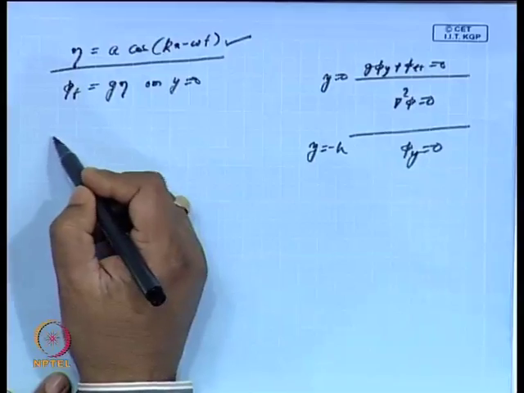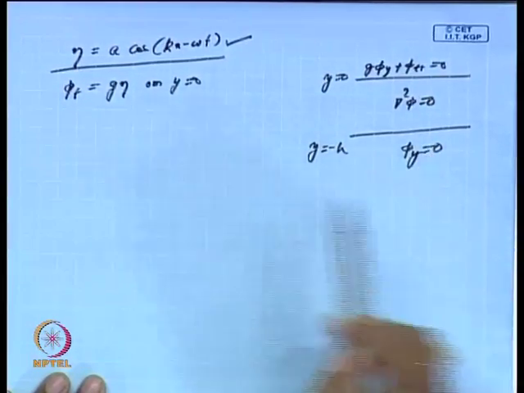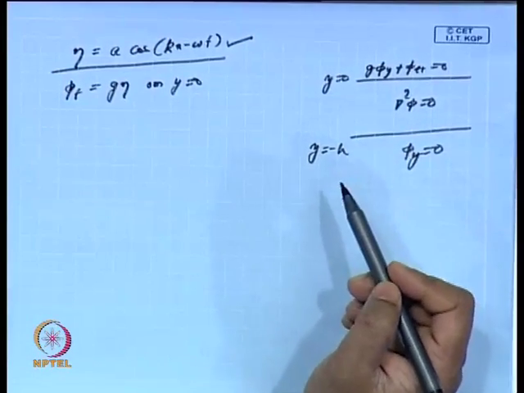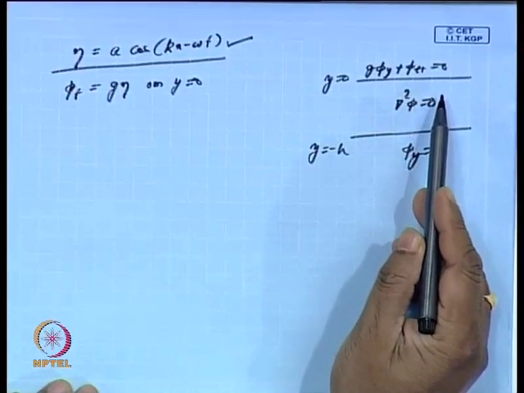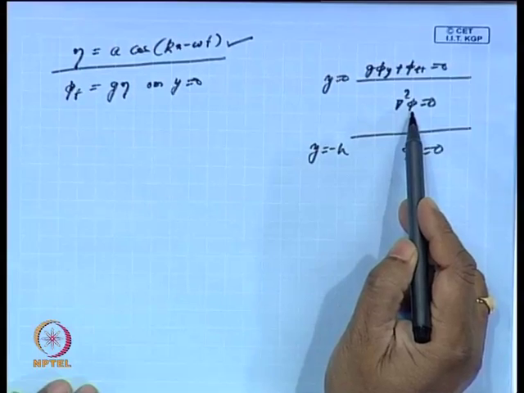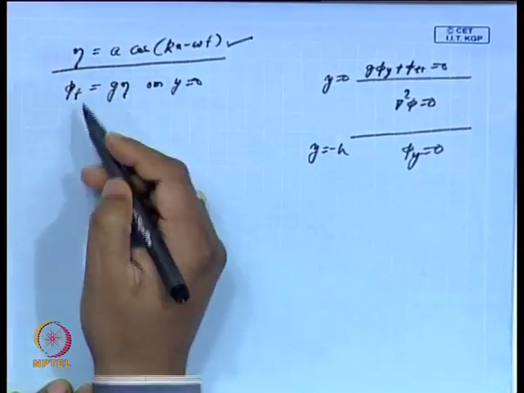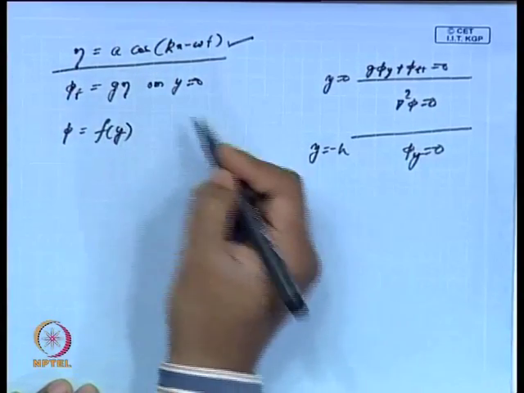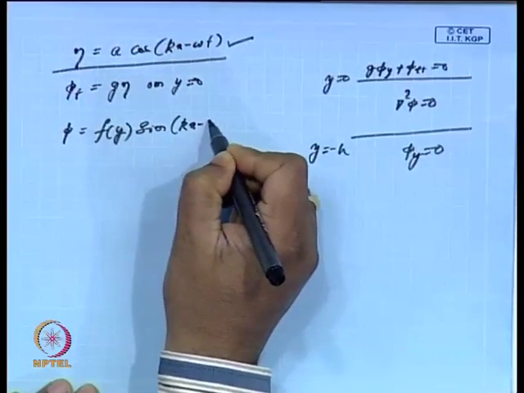Because of this, I always can write, and I am dealing with homogeneous conditions, I will make use of this beautiful concept that my equation is homogeneous and boundary conditions are homogeneous. So I always can write my phi in this form: f of y into sin(kx minus omega t).